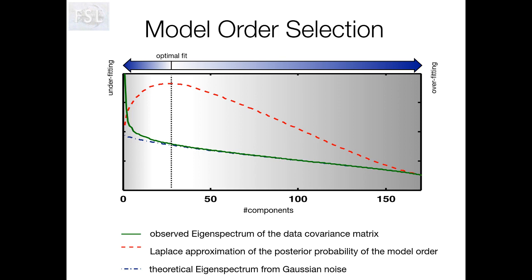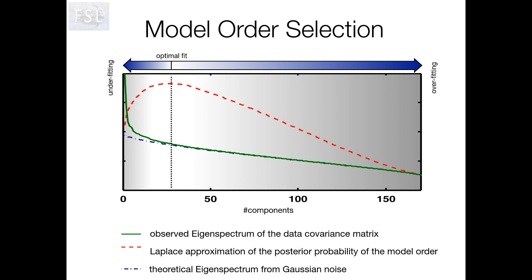And at the point where the green line meets the blue line, the components from our real data set are effectively explaining the same amount of variance that would be present in a random data set. So we can assume that at this point all of the remaining components are just noise and we can throw them all away. So this is what Melodic does to define the optimal number of components or model order for our data.